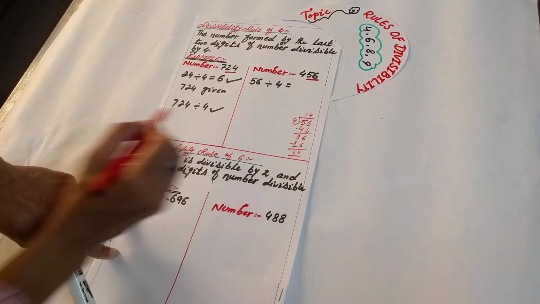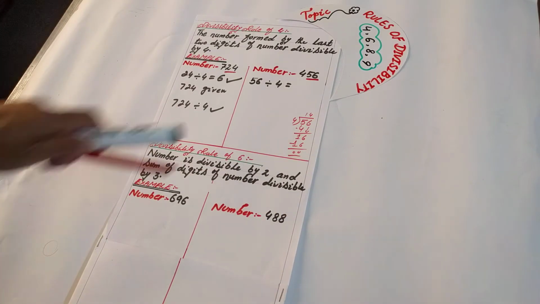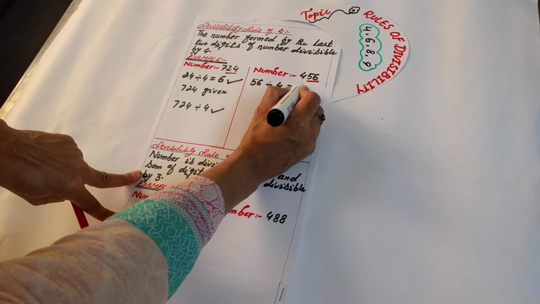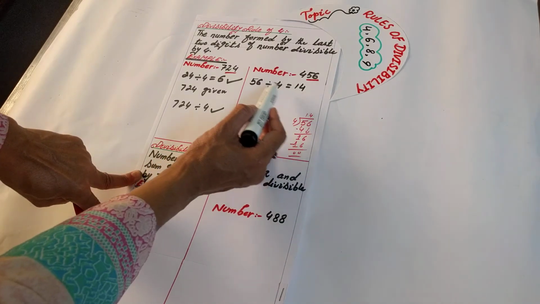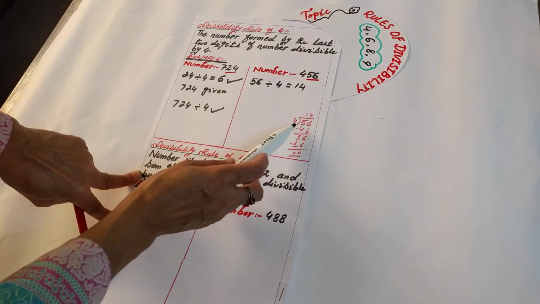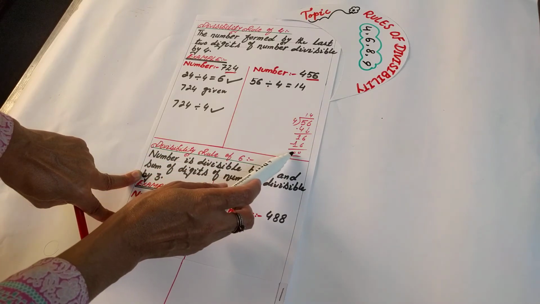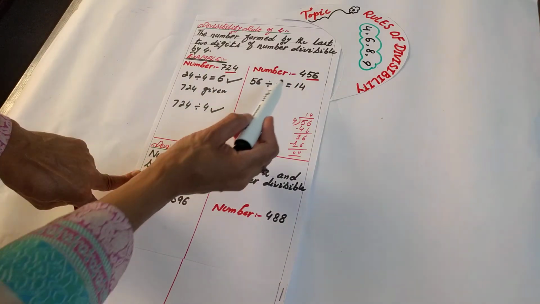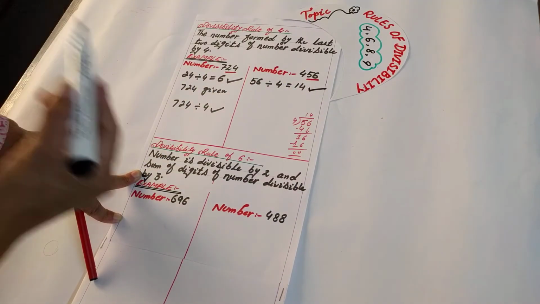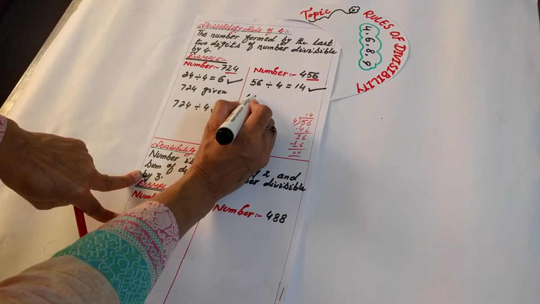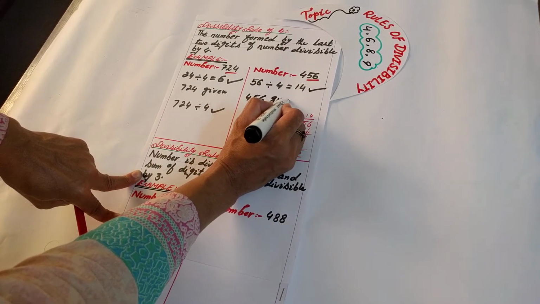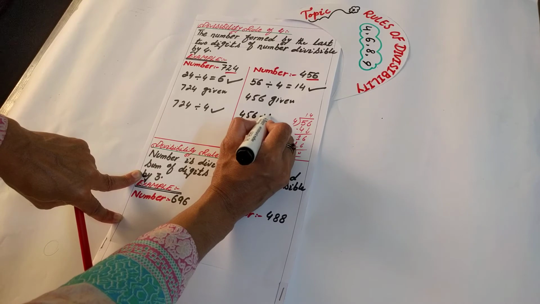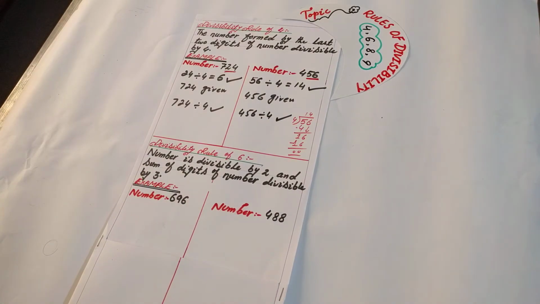It means 56 is completely divisible by 4. 14 fours are 56, so 56 is completely divisible by 4 without leaving any remainder. So if the number formed by the last two digits is divisible by 4, then the given number, which is 456, is also divisible by 4.